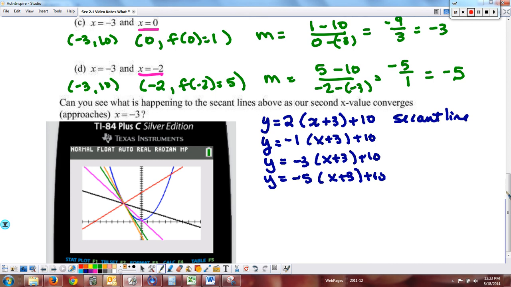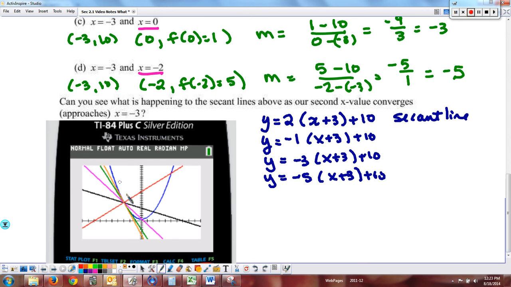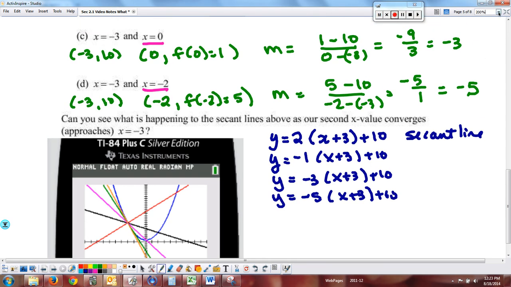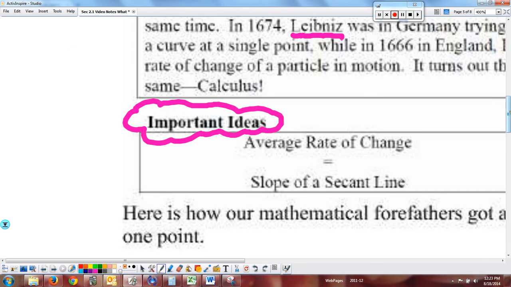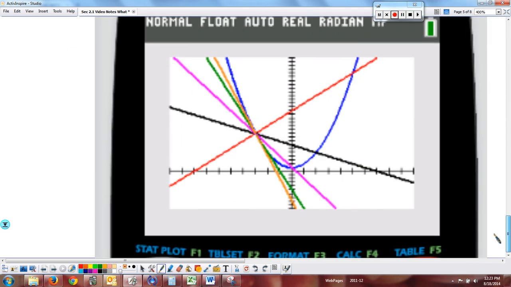I entered all of those along with the parabola. Now what I want you to see is that the yellow line is actually the tangent line. Let's zoom in, say 400%, to take a closer look. The yellow line right here is the tangent line.